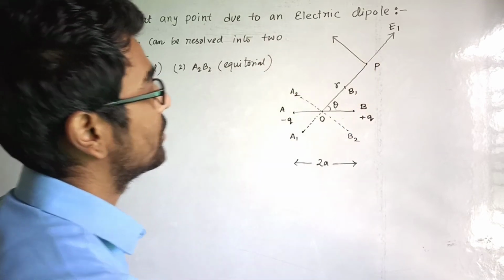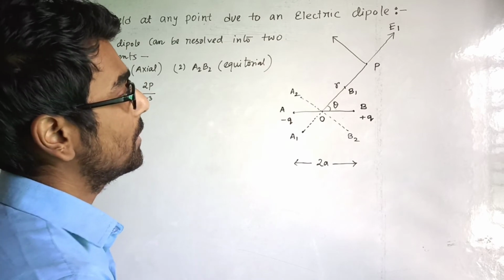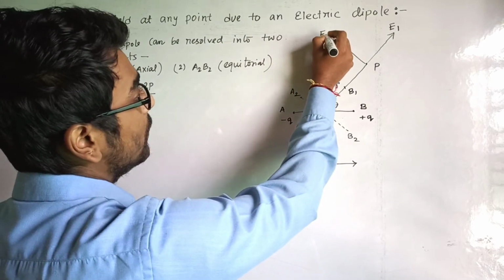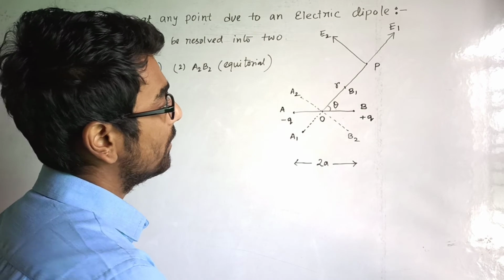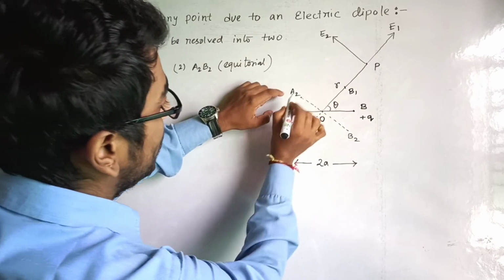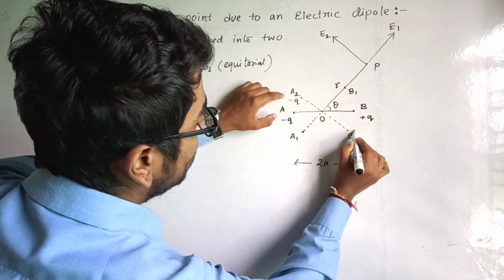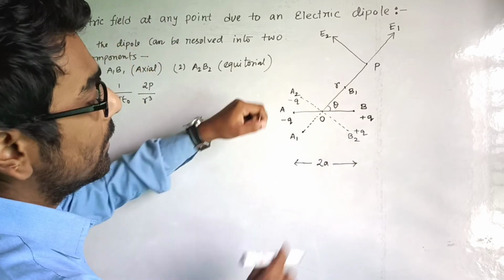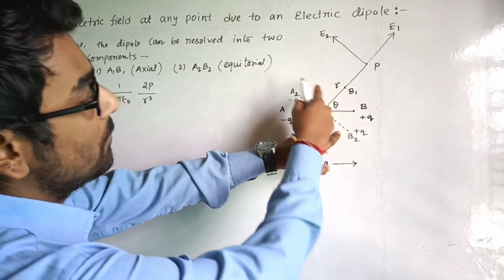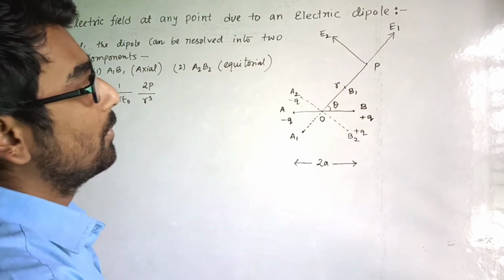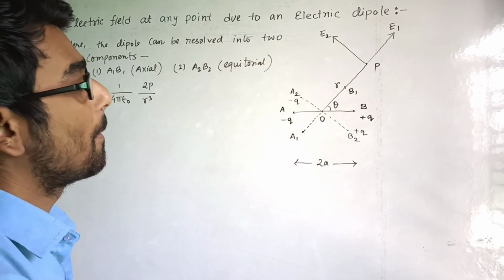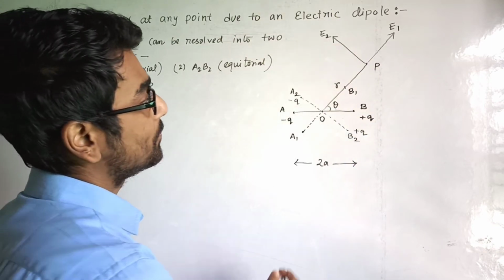That means in this direction, it will be E2. Because here it will be minus q and it will be plus q, the electric field will be from positive to negative. So the E2 will be in this direction.